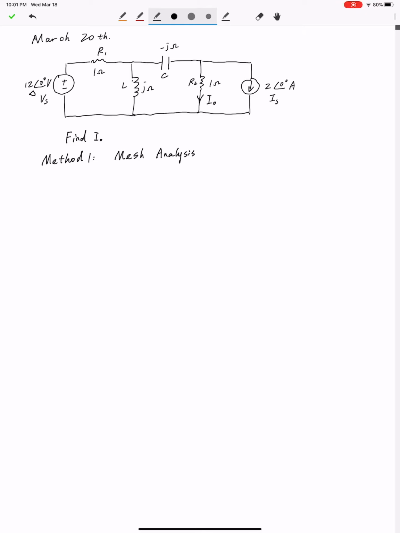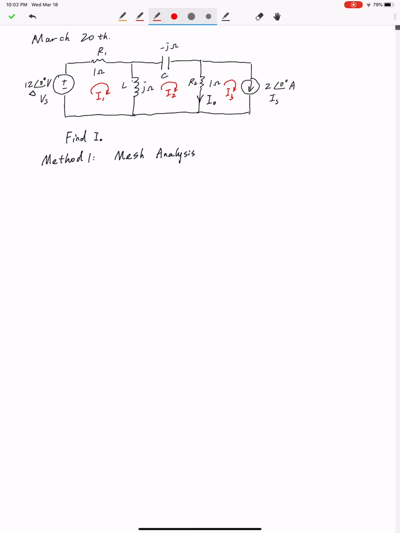Just like the normal mesh analysis procedure, the first step is to define mesh currents in this circuit. We have 3 meshes, so we define 3 mesh currents and name them I1, I2, and I3. After this step, we need to assign voltage variables on components.